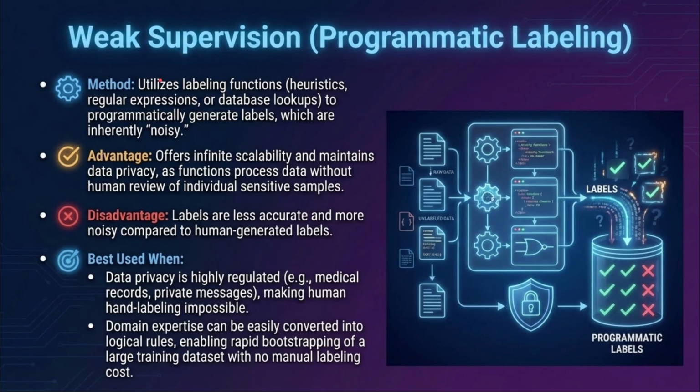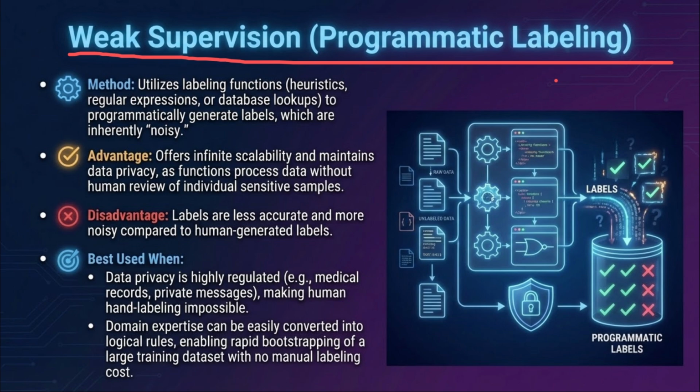And weak supervision. Weak supervision is done via programming. It utilizes labeling functions like regular expressions or database lookups to programmatically generate labels, but it has some noise. The best part is it can be scaled infinitely. You can reuse them, and it doesn't have to care about data privacy and everything, because it is a machine which looks at the data, not a human.